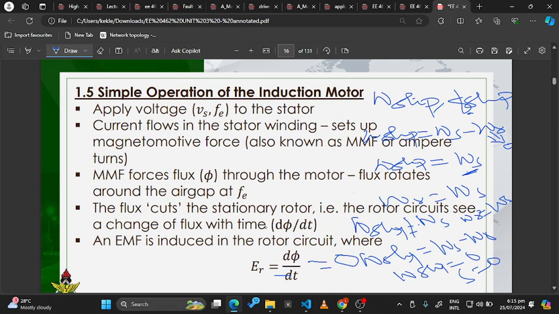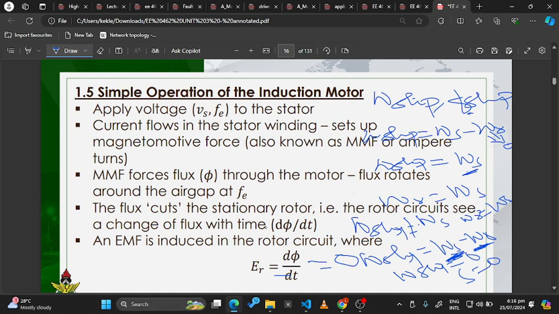We said that this EMF has to be induced in order for current to flow through the armature winding, in order for you to have torque. So if the rotor is now moving at the synchronous speed, the relative motion between them is zero.